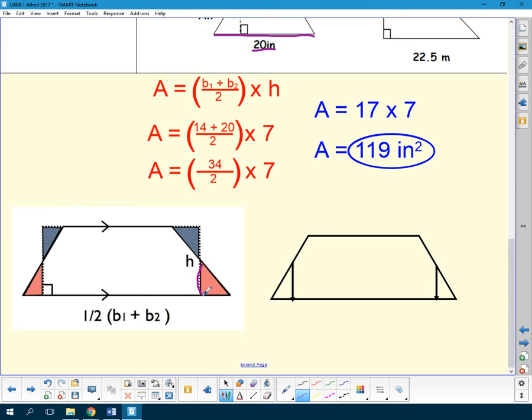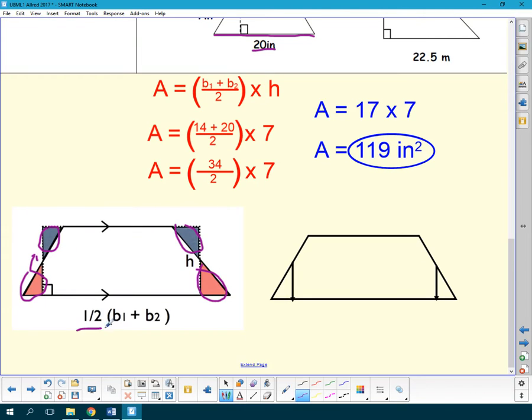It took this piece and threw it up here instead, and it took this piece and threw it up here. You really do have what looks more and more like a rectangle when you take those pieces off and throw them up to the side.